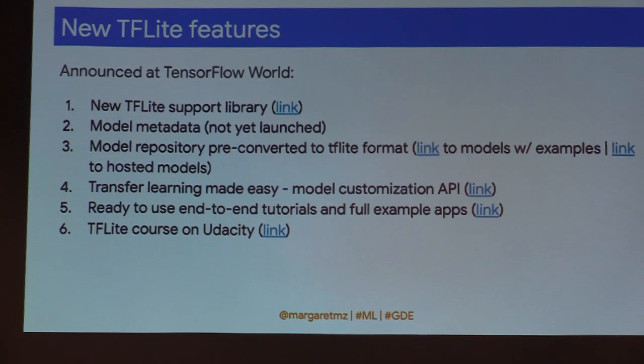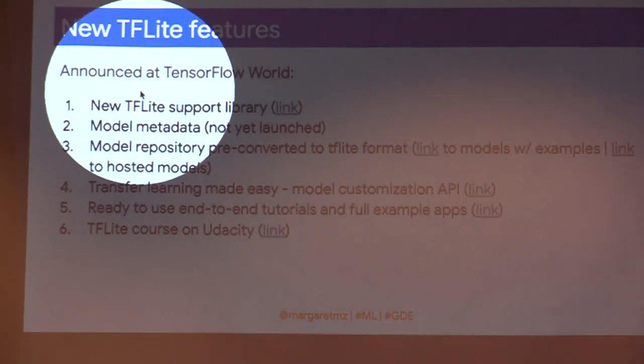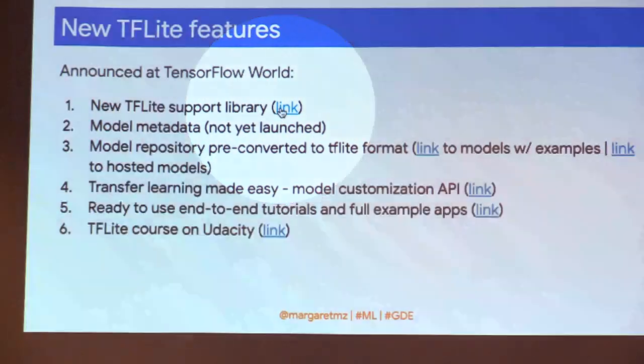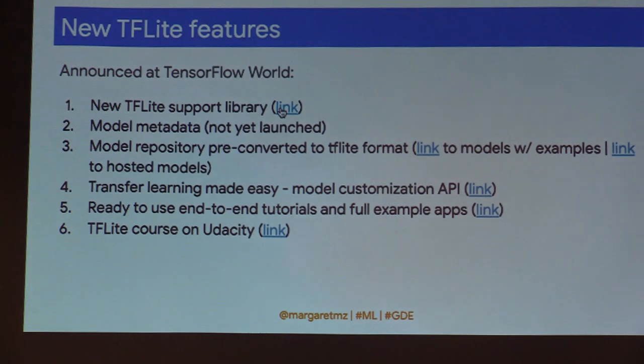The first one is the new TFLite support library, and this one is for Android. A lot of the steps I talked about, like converting from a bitmap to a byte buffer, you don't have to worry about with the support library. It will probably take care of some of the image resizing as well.